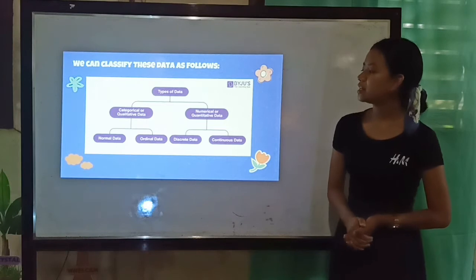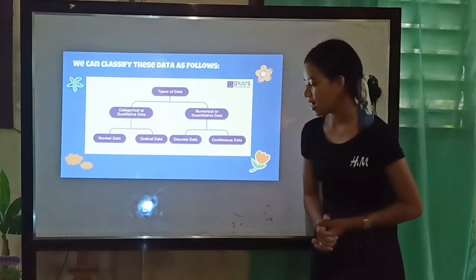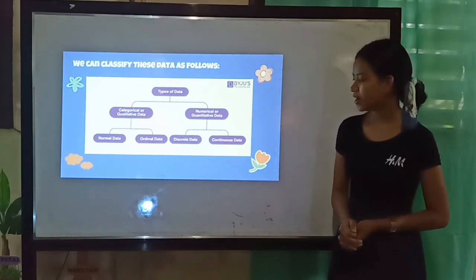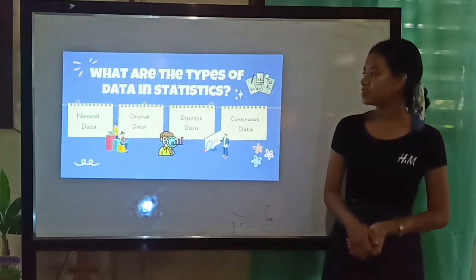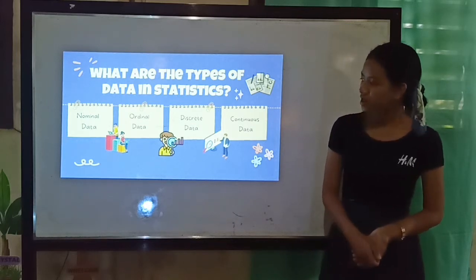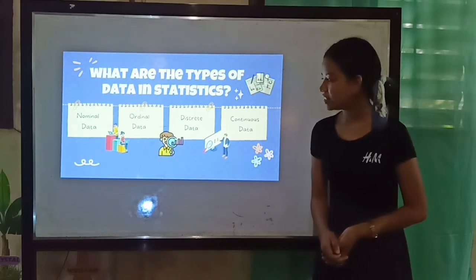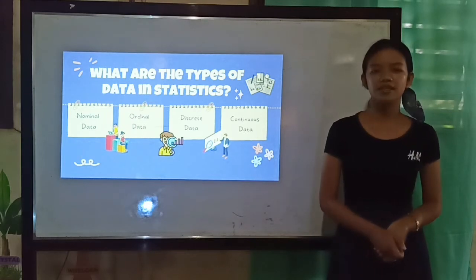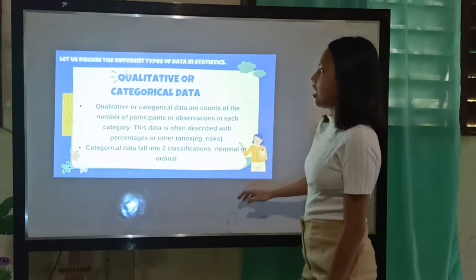So, qualitative data is also classified as nominal data and ordinal data, while quantitative data is classified as discrete data and continuous data. So what are the types of data in statistics? These are the types of data in statistics: the nominal data, ordinal data, discrete data, and continuous data. Now, let's discuss the different types of data in statistics.